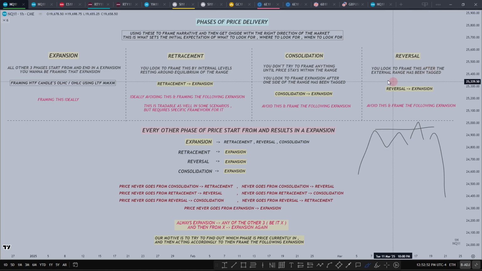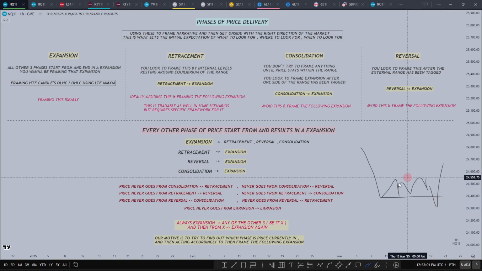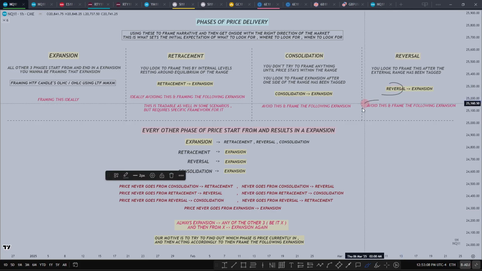You look to frame this after the external range has been tagged. You look to frame reversal to the opposing side after the external range has been tagged. Avoid this, avoid it once reversal has not been confirmed.